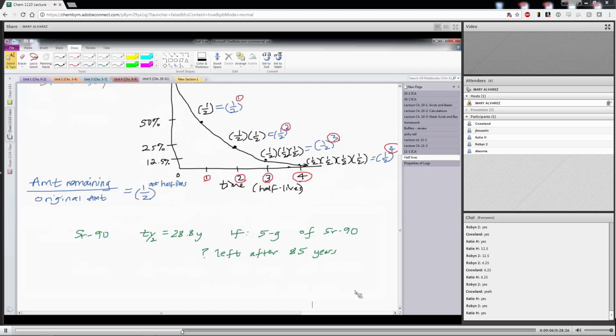Now, if I look at this information with regards to the equation that I just gave you, we know that the original amount is 5 grams, right? We want to know the amount remaining, so that's going to be X. We need 1/2 here. We need to find out how many half-lives have passed. How do we determine how many half-lives have passed?